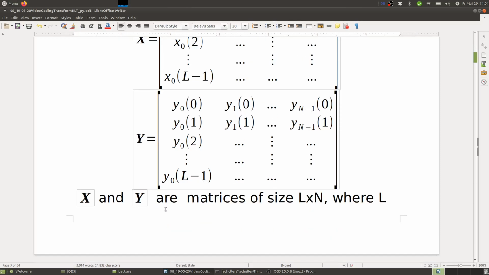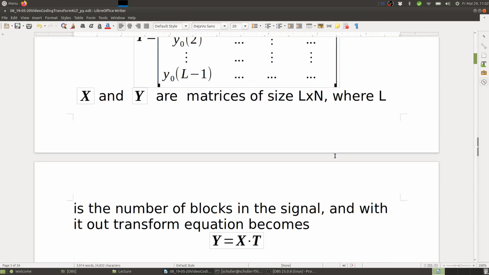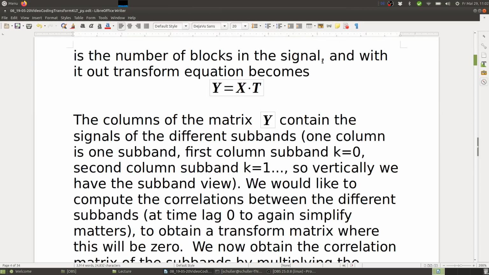So x and y are matrices of size L times n. So n is horizontally the number of columns. It's basically the transform size, and L is the number of blocks in the signal. Yeah, so with our transform equation, this simply becomes y equals x times T.